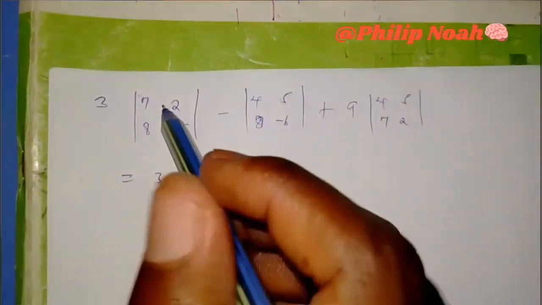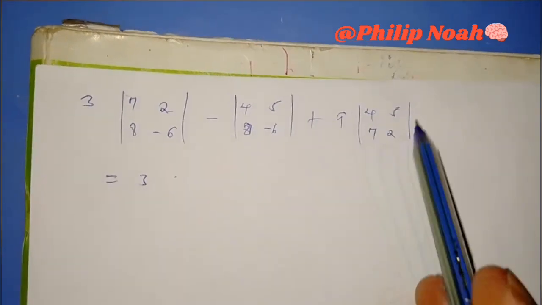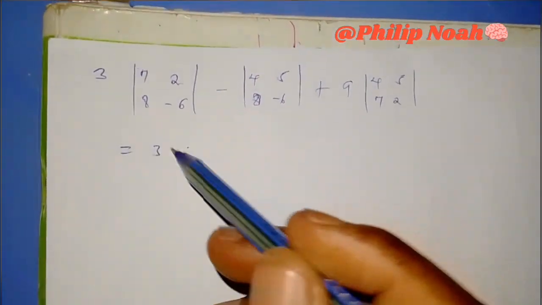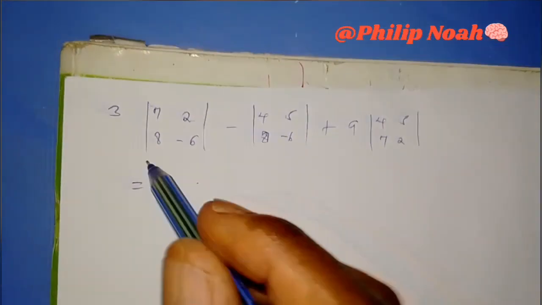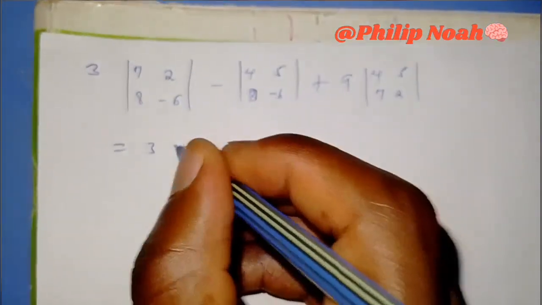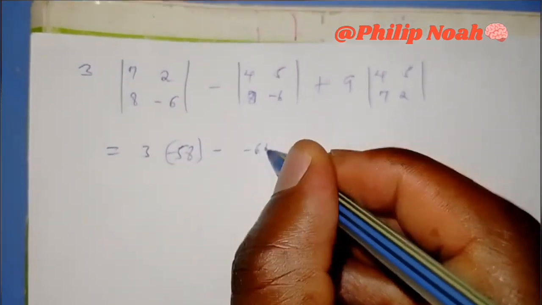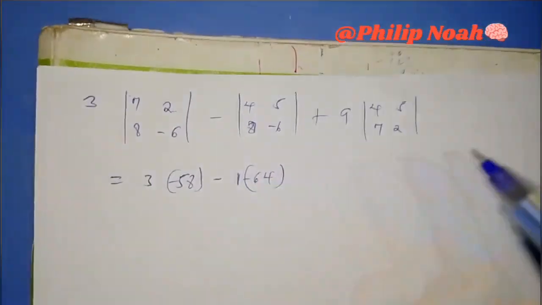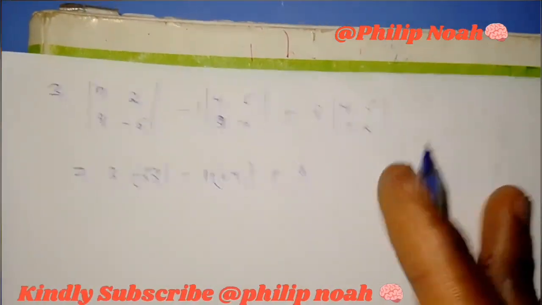We shall just find the determinants of these 2 by 2 matrices we are seeing in this, and then you multiply by the factors outside. So the first one will be 3 times, of course, we shall get negative 58 here, minus negative 64 times 1. Are we there? Plus, this is 9, here is 1, 4.